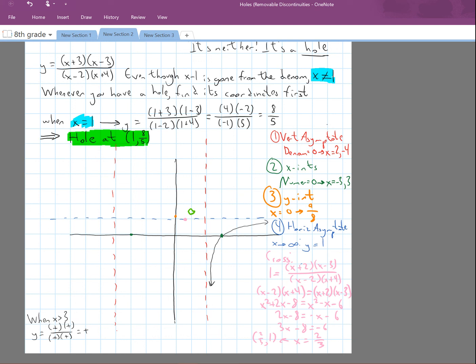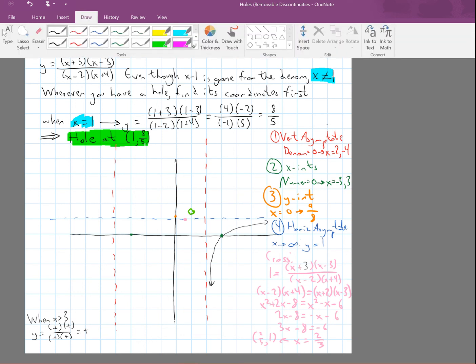I think I did this right. Did I FOIL this right? x squared plus 2x minus 8. Unless I copied it down wrong. Oh, this is x plus 3. Gotcha.